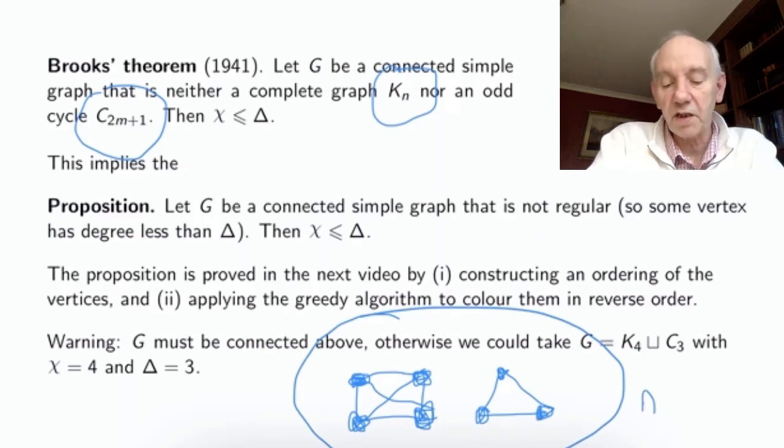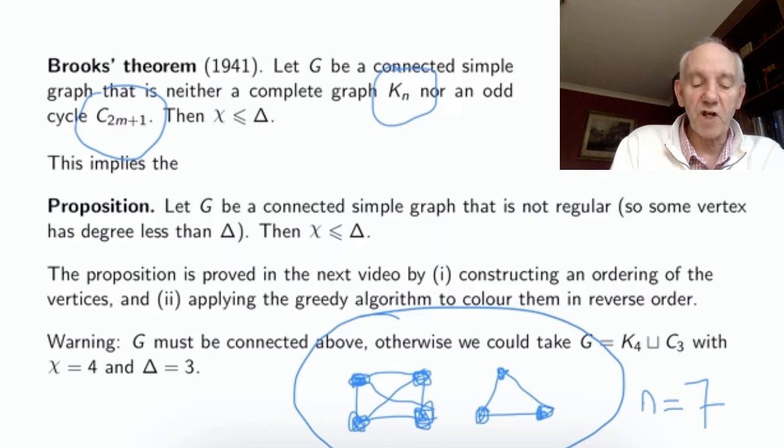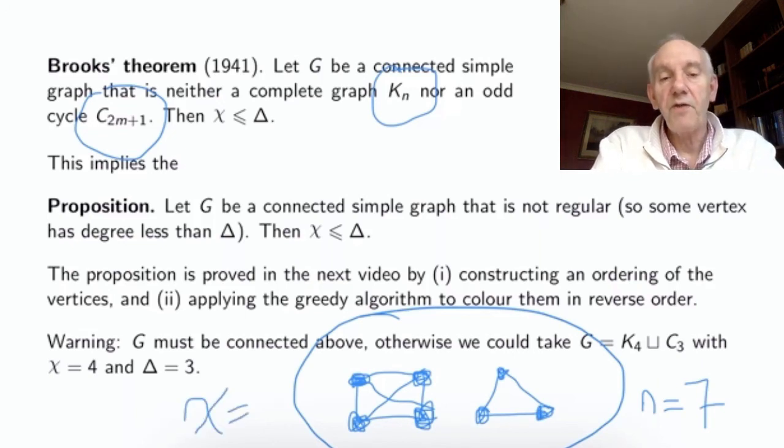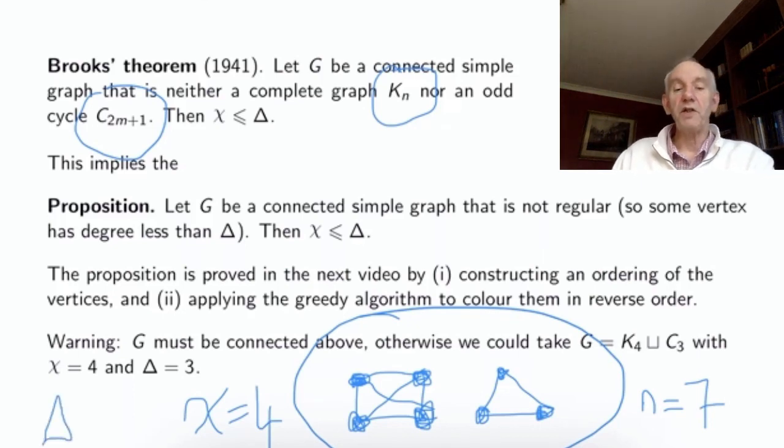It's certainly not a regular graph because we have different vertex degrees. It's not K7, and it's not an odd cycle, but because of the bit on the left, the K4, we certainly need 4 colours. So Brooks's theorem and the proposition therefore fail because we need 4 colours, but the maximal vertex degree for this combined graph is equal to 3.